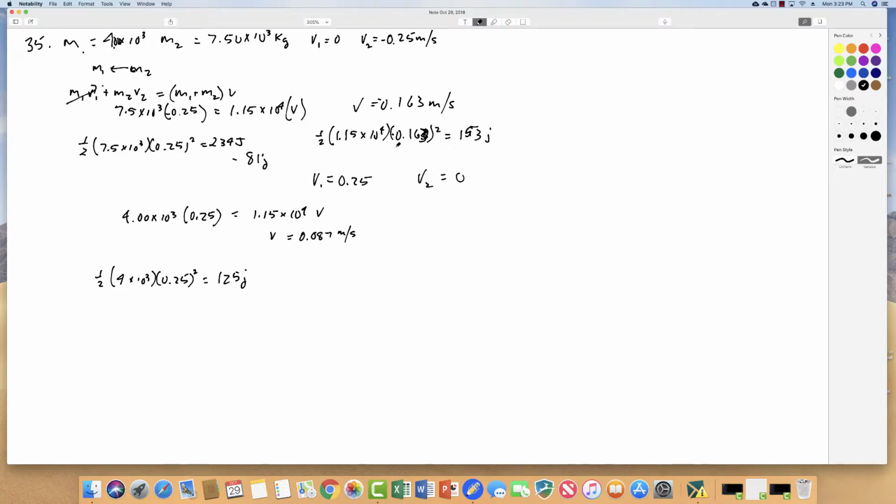And in the second one, it's 1/2 times 1.15 times 10 to the 4th times 0.087 squared, and that's going to equal 44 joules. And lo and behold, if you subtract these two, you get 81 joules lost. So the loss of energy, when you reverse the frame of reference, is exactly the same.